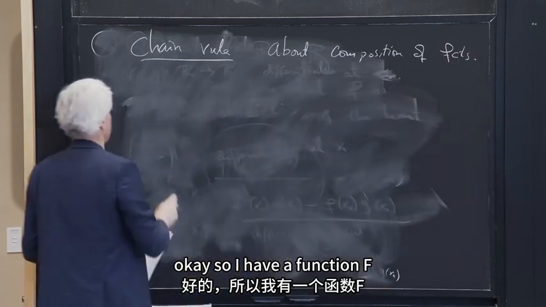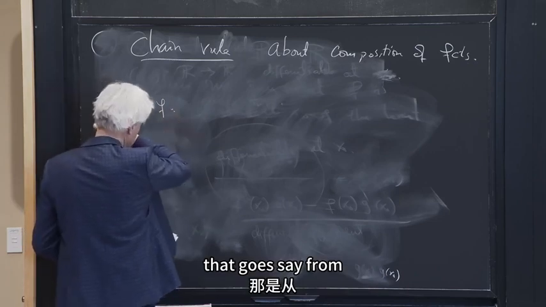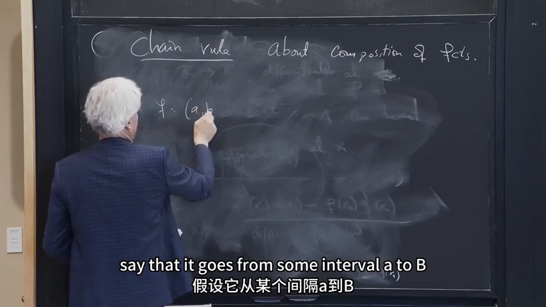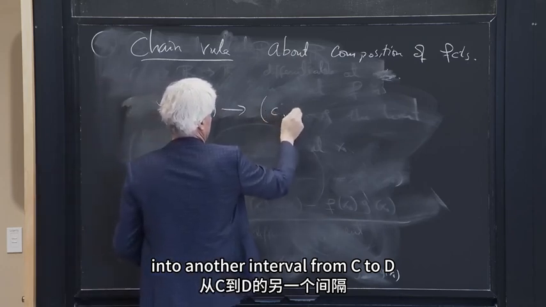Okay, so I have a function f that goes, say, from some interval a to b into another interval from c to d.